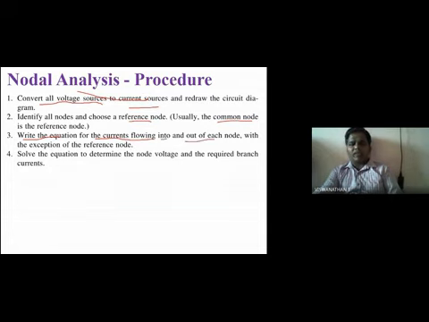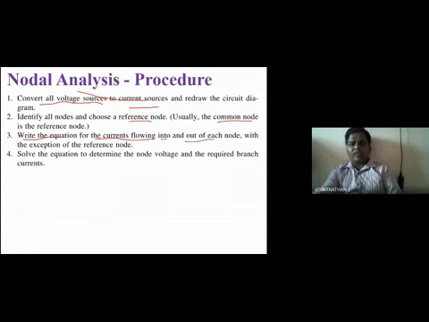So first we consider the problem. Here, the same thing, to understand this concept. First we write (VA minus 100) divided by 4, then (VA minus 180) divided by 10, and VA divided by 10. We can easily write this equation.